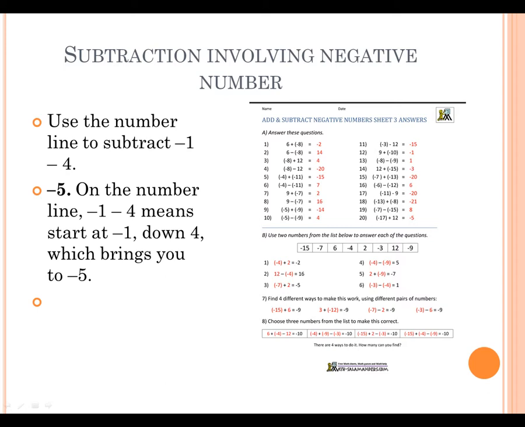And you can see all the questions. I will solve the last question: minus 17 plus 12. Plus minus is minus, we will subtract, but the sign of the bigger value, and the sign of the bigger value is minus, so its answer should be minus 5.